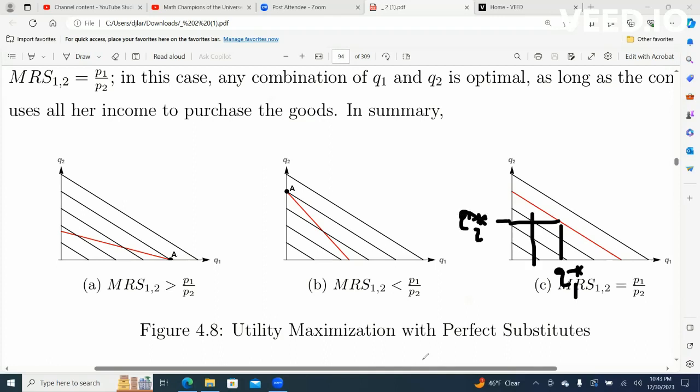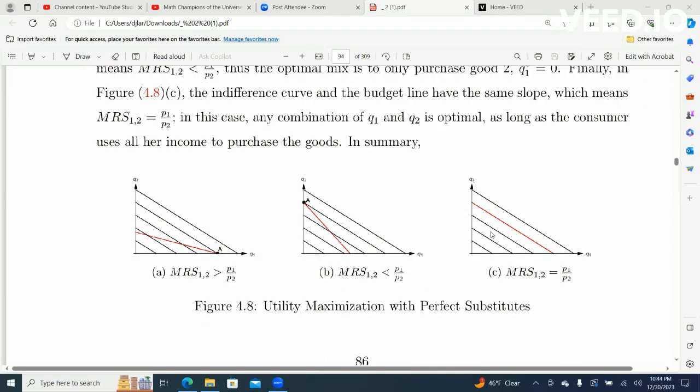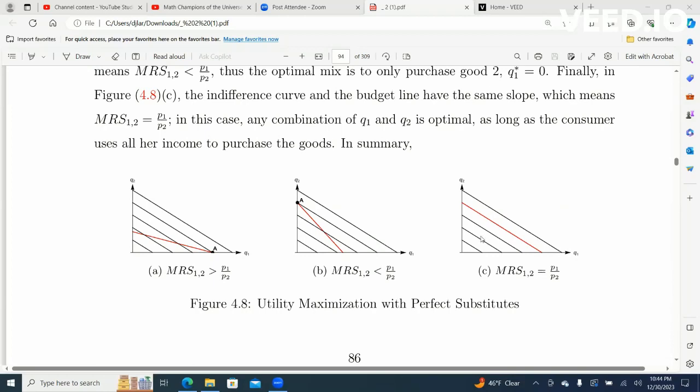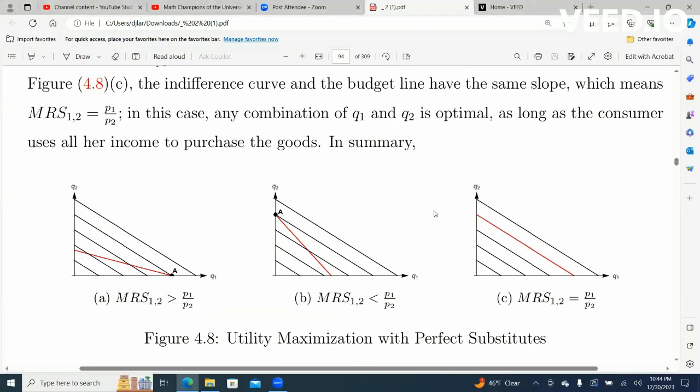But right here, you have another Q1 star, Q2 star that works. So there are infinitely many combinations of Q1, Q2 that work. That one concept is the one and only concept when it comes to the linear, or perfect substitutes. That's what it's called there.